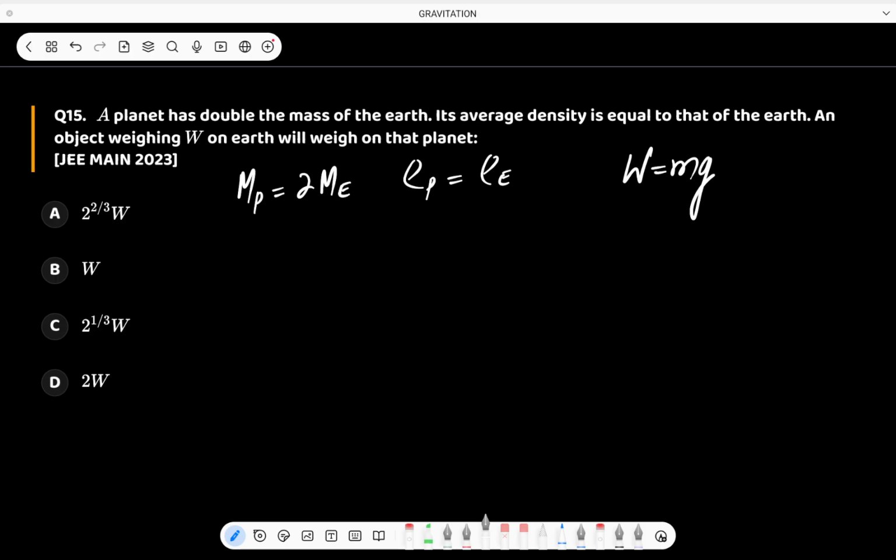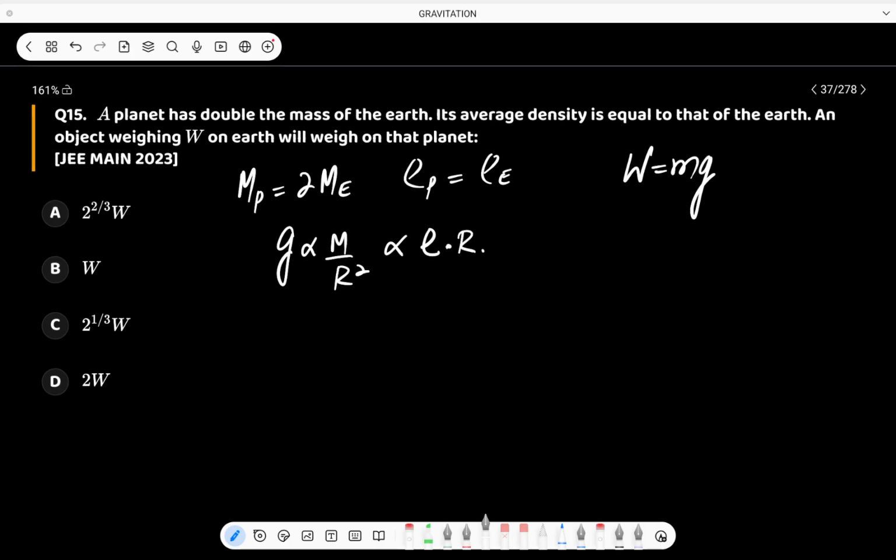I have written down that G is directly proportional to m by r square and is directly proportional to density multiplied by r. But I have to write down the equation for acceleration due to gravity in terms of mass and density.